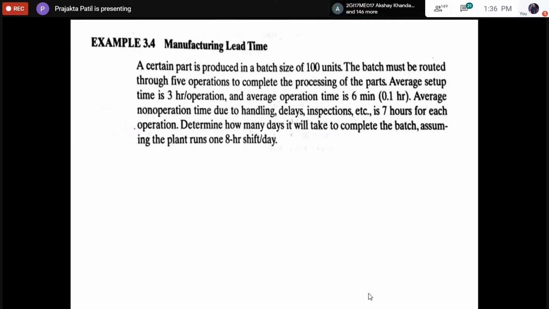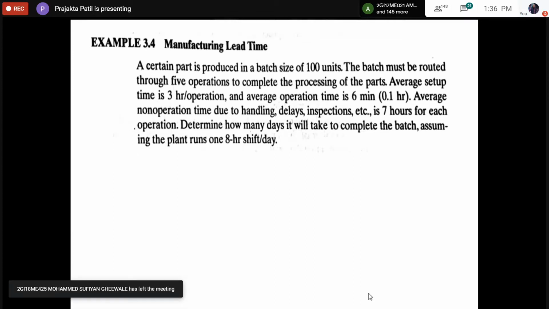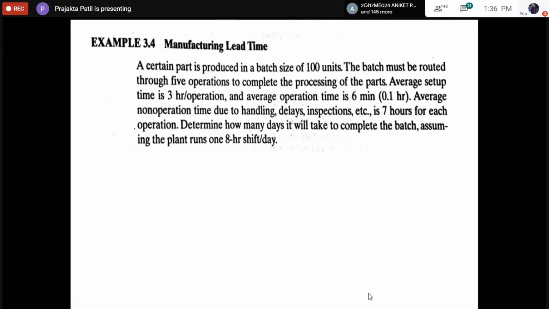Last problem. A certain part is produced in a batch size of 100 units. The batch must be routed through 5 operations to complete the processing of the part. Average setup time is 3 hours per operation, and the average operation time is 6 minutes, that is 0.1 hour.